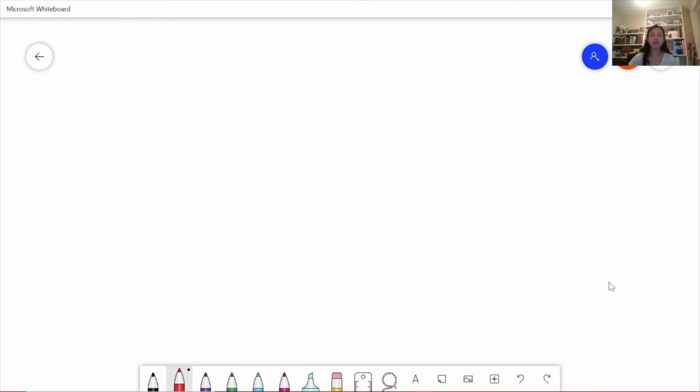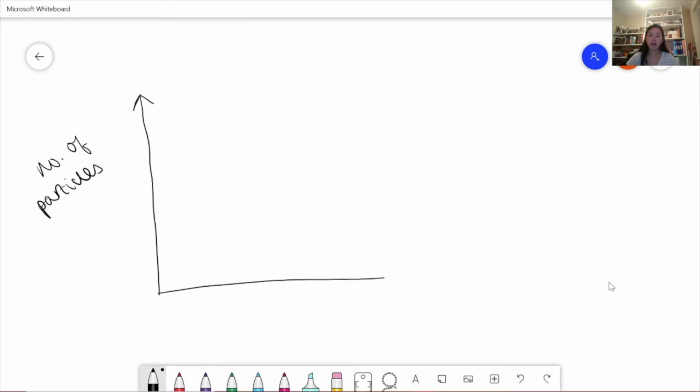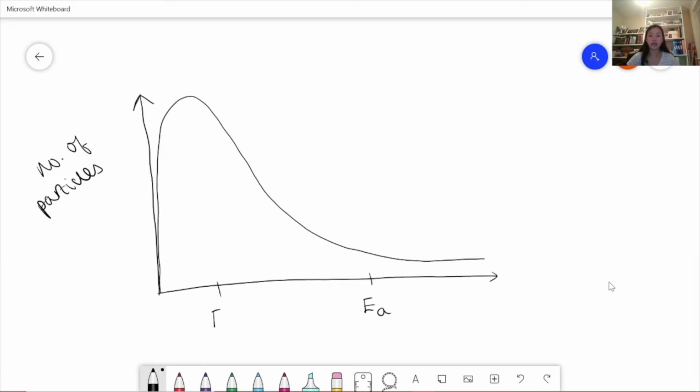The Maxwell-Boltzmann distribution curves will look different for different temperatures. So if it originally looks like this, and we have the number of particles, and if it normally looks like this, with the activation energy here, let's say, and then this would be the most probable energy.